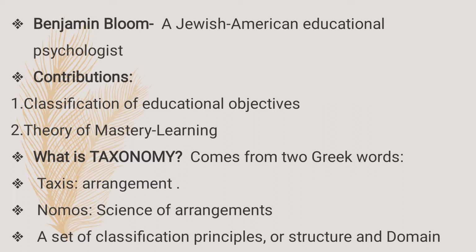So what is the word taxonomy? It comes from two Greek words. Taxis means arrangement and nomos means a science of arrangement. It is nothing but a set of classification of the principles or the structure, and it simply denotes the categories which are available. Normally the objectives are of three different categories.